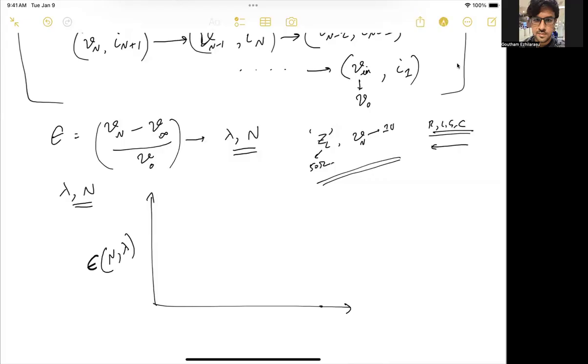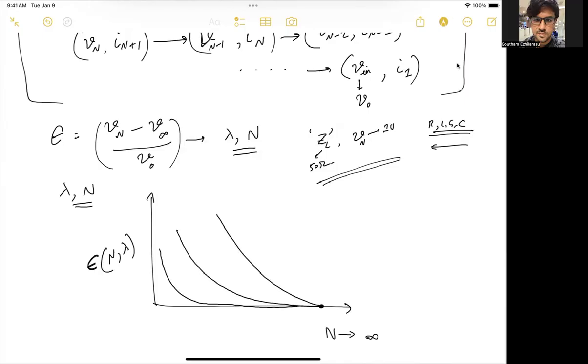Obviously, as n tends to infinity, the error is going to go to zero because it's just going to be V infinity minus V infinity. And then you would get a family of curves that look something like this.